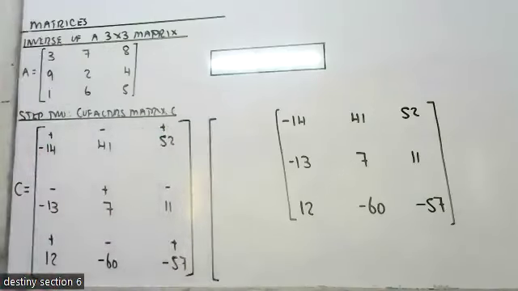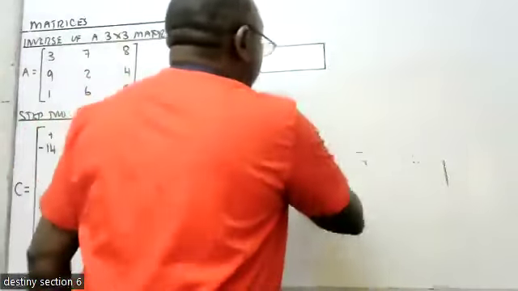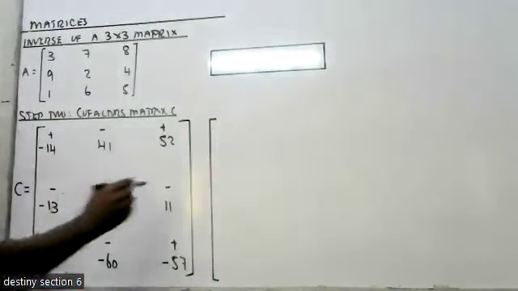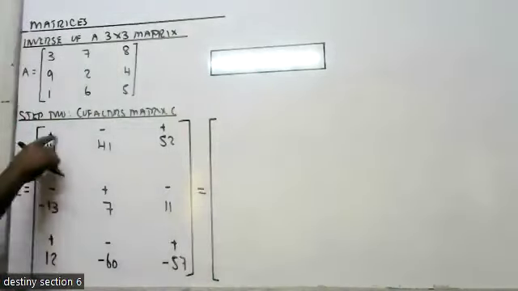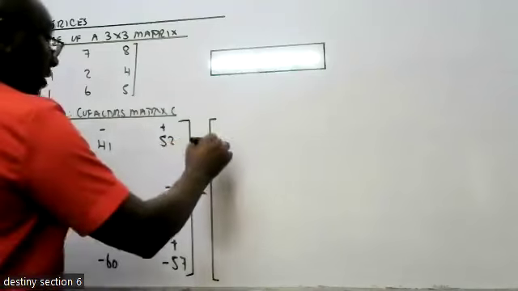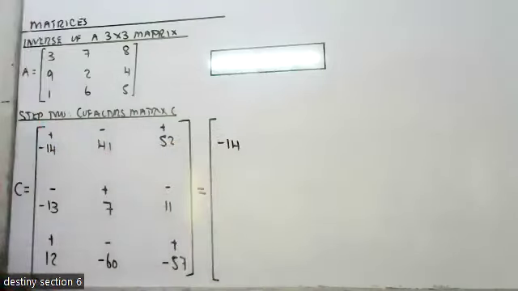So when you have done that, when you have assigned them, you now multiply. You multiply this sign and this one and get the answer. So positive times negative, that remains as negative 14.